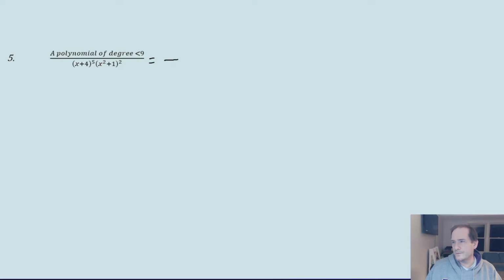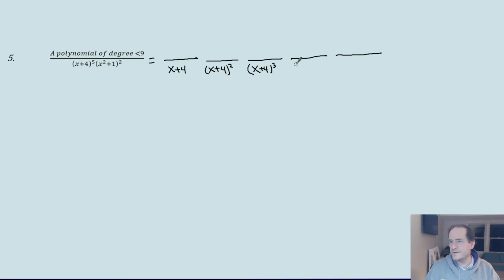So you're going to go 1, 2, 3, 4, 5. That'll tackle all these repeated linears. So x plus 4 to the 1, x plus 4 squared, x plus 4 cubed.